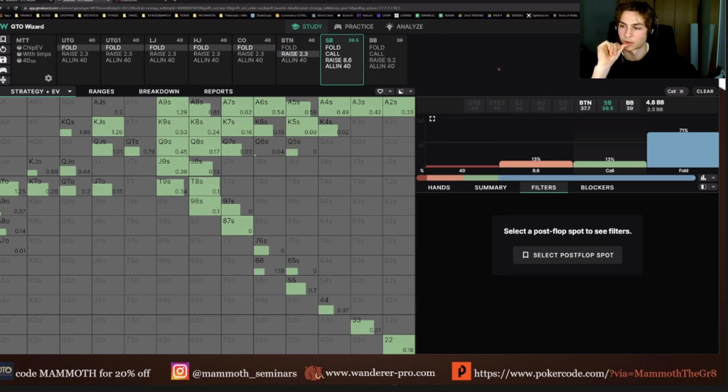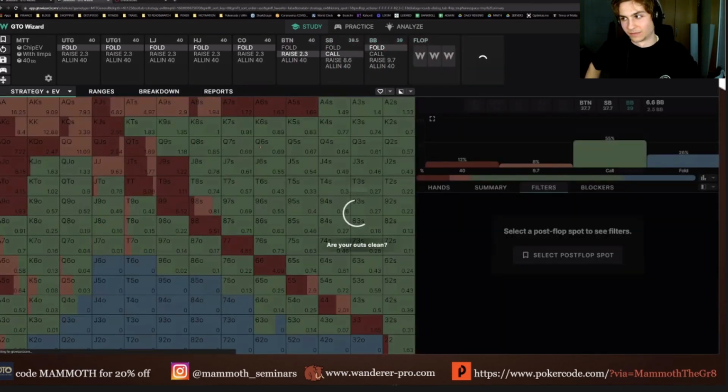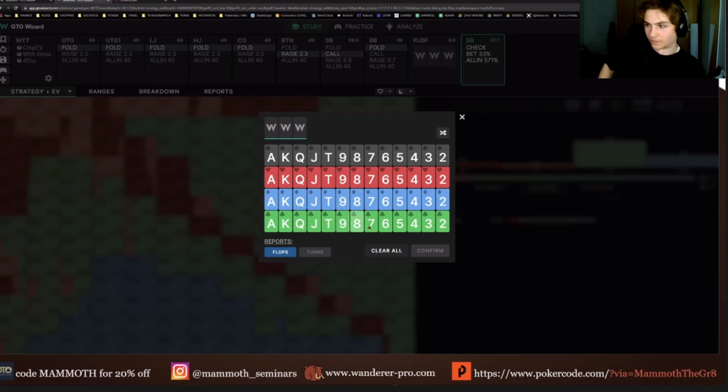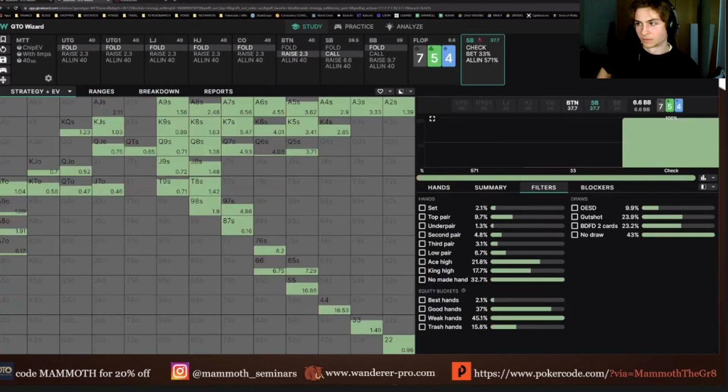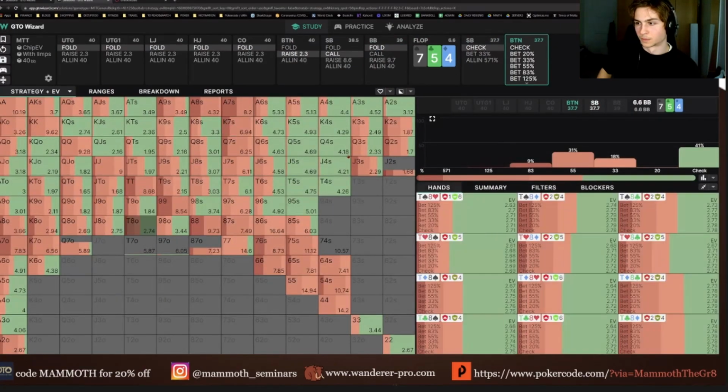Actually, it's more about Broadway boards rather than very low ones. Like 5, 6, 7, you do have the overpair advantage still, and you do have more sets. He does jam quite a bit of them, but you have them pure. So it's not that bad of a texture.